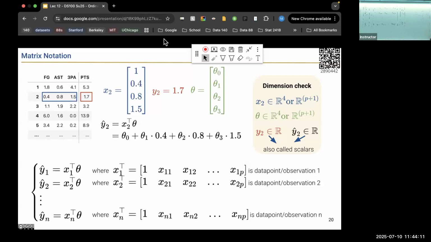So instead of writing out each vector multiplication, now I have a matrix vector multiplication that encapsulates all of the y hats. Does that make sense? Okay. Again, the reason I want to do this is that I want to operate on everything at once instead of doing each row separately.